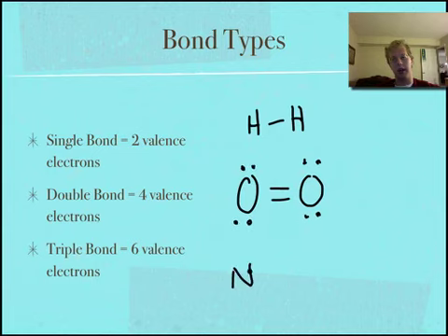And a triple bond is the sharing of a total of 6 electrons, or 3 electrons each. So the most that any atom's going to share is 3 electrons with its neighbor to give it a triple bond. Carbon, if you noticed before, has only 4 valence electrons, so it can form a mixture of single, double, and triple bonds.